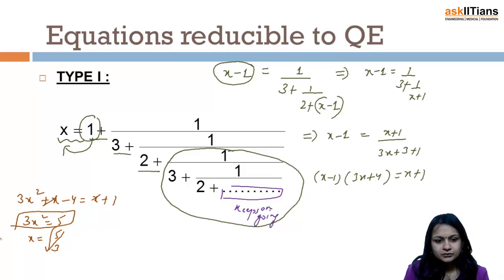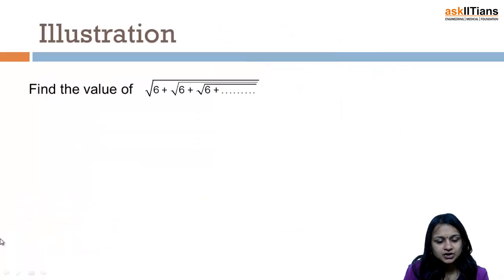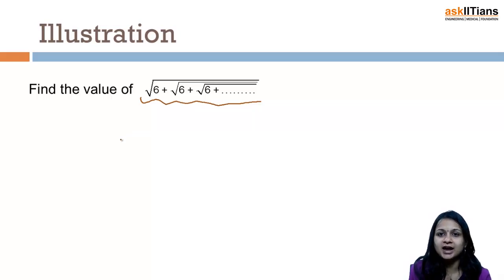Now let's see one illustration so that it becomes more clear to us. Here we have to find the value of this expression. First of all, you can see that it is nothing similar to quadratic equations. But if I try to identify, it comes in the category where everything is repeating, because I have this dash dash dash.